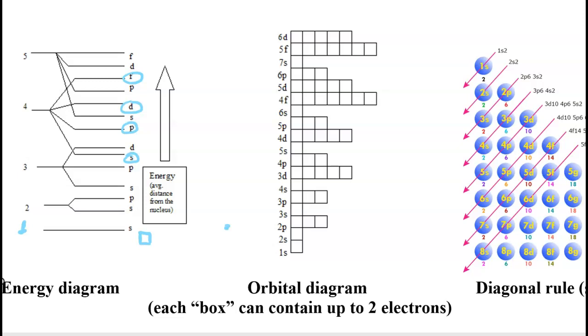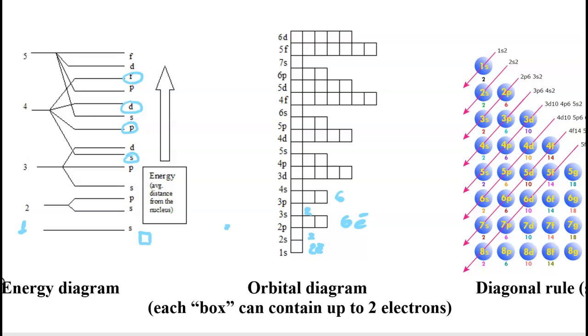p has 2 electrons in each orbital. That means 6 electrons. We can write it down here together. So 2 electrons here, maximum 2 here, 6 here. Again, s subshell, 2 electrons; p subshell, doesn't matter, 2p or 3p or 4p, it will be 6 electrons, right?